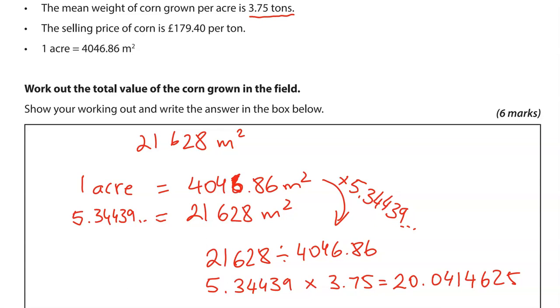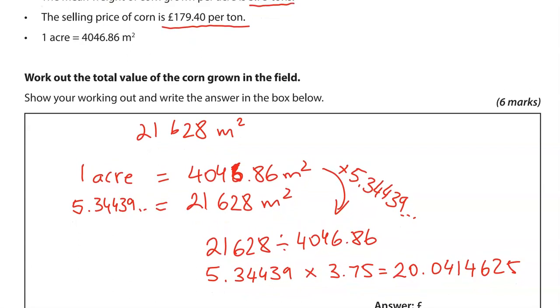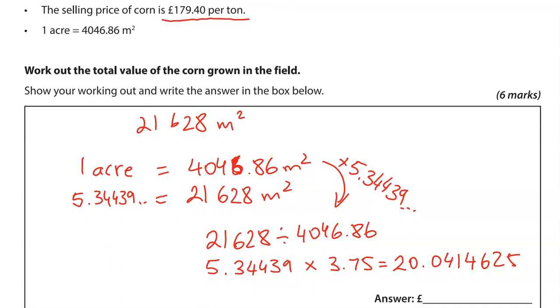The selling price of corn is £179.40 per tonne. So we're going to multiply that, let's say 20.04.